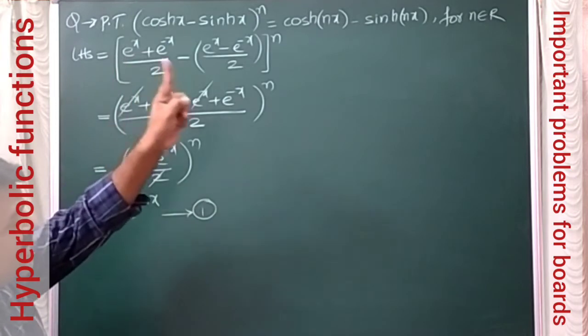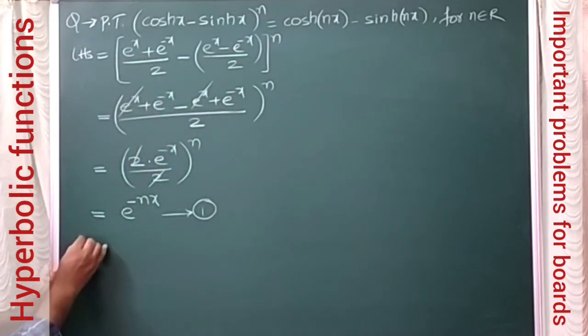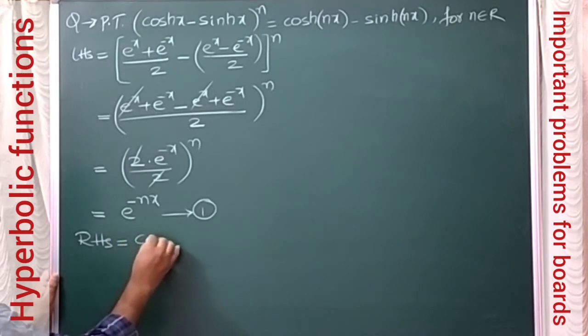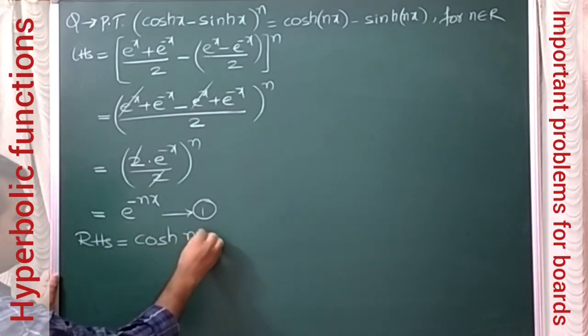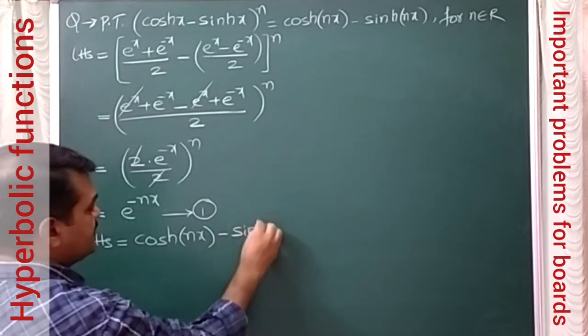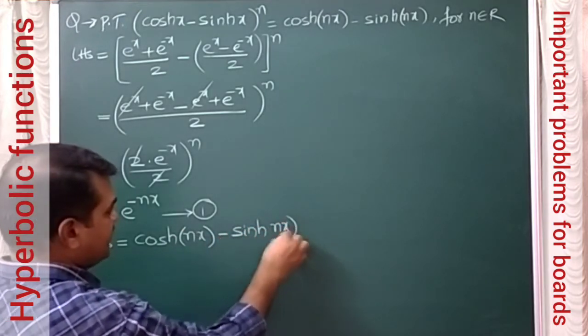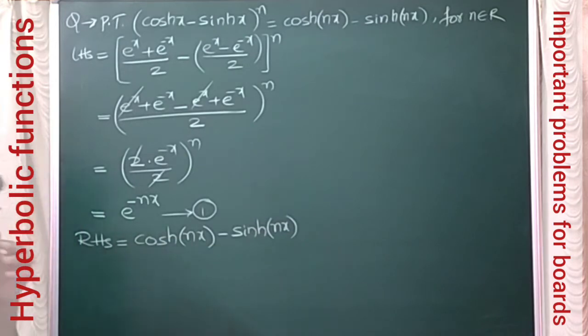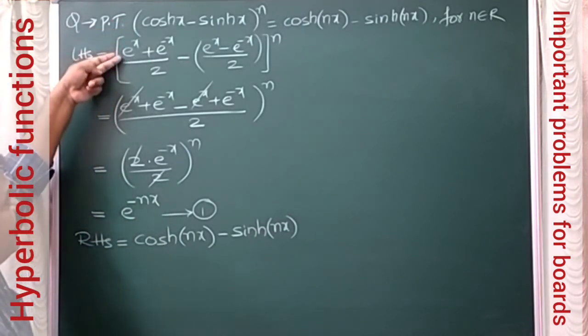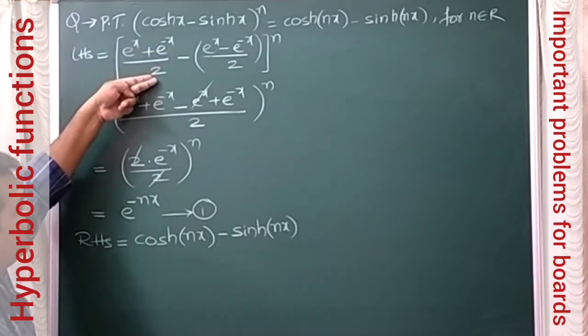Now let us take the RHS part. So I am taking RHS now. So RHS is cos h of nx minus sin h of nx. This is RHS. Now we know cos hx formula, which is (e power x plus e power minus x) by 2.